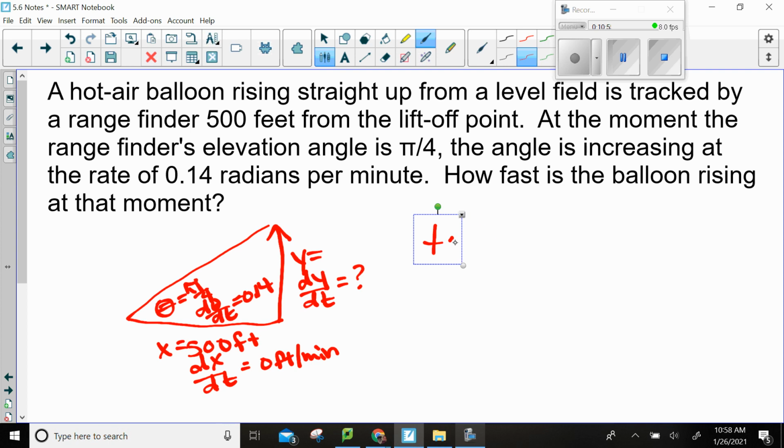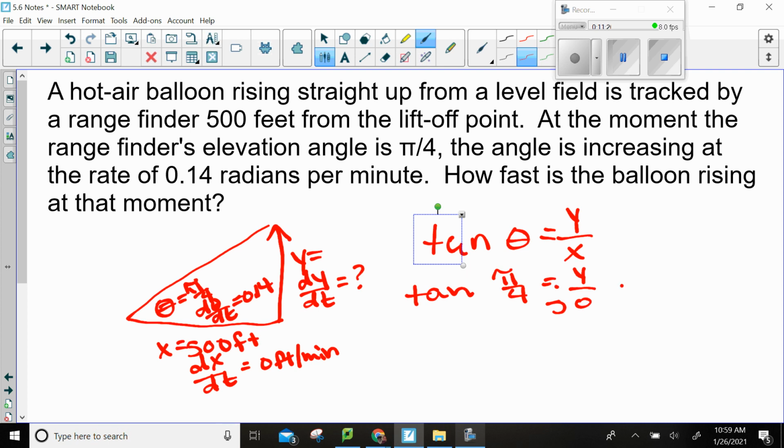So tangent of theta, I'm going to start with the original, is y over x. And I have tangent of pi over 4. Tangent of pi over 4 is 1, multiplied by 500.